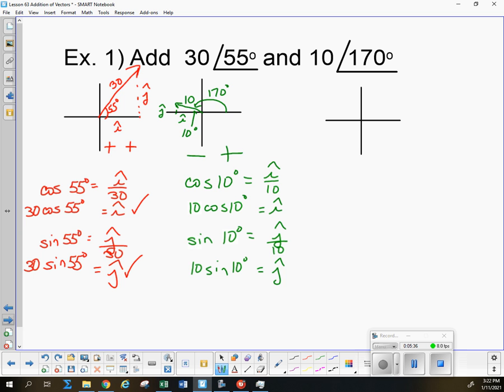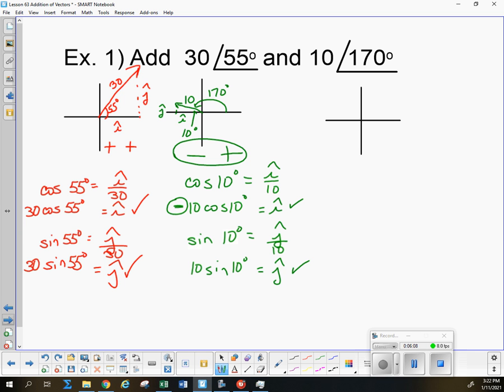The reason that I said sort of is that unless we're in the first quadrant, at least one of these needs to be negative. And we just made a note that this ihat needs to be negative and the jhat needs to be positive. So I need to put this minus sign in front of my ihat. Now my second step said that I need to add my ihats and I need to add my jhats together.